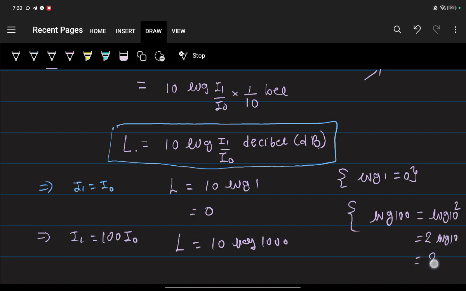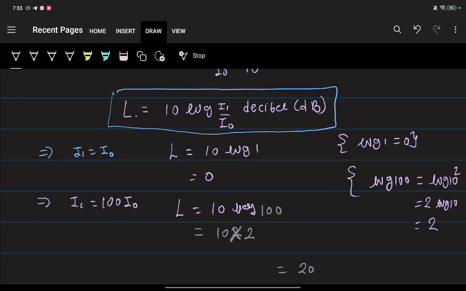The value of log 10 is 1. So this will become 10 multiplied by 2, which is 20. So here the loudness becomes 20 decibel. This is just a simple calculation.